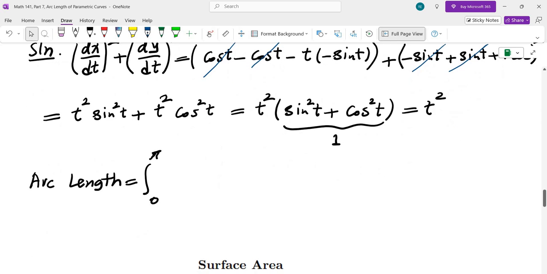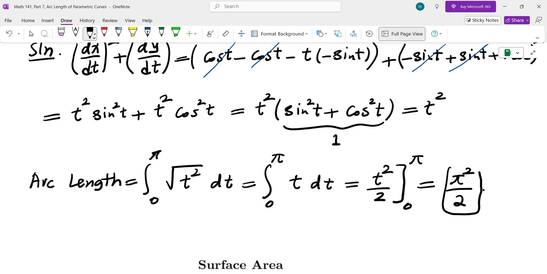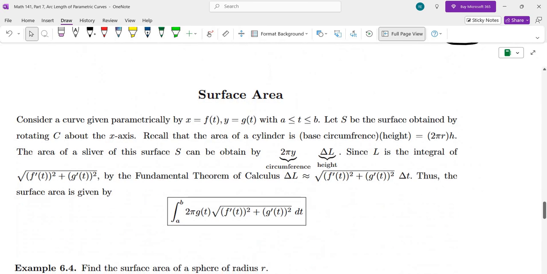The limits of integration were given. Square root of t squared dt. Now t is positive, so we don't have to worry about absolute value. And this is going to be t squared over 2 from 0 to pi. And that gives us pi squared over 2. And that is our final answer.